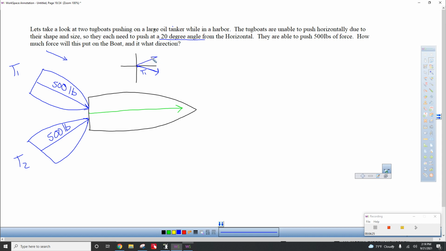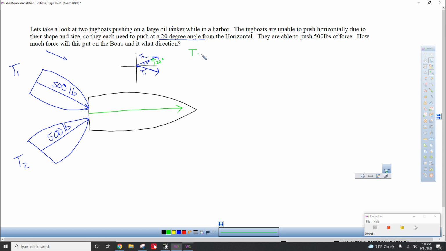So that one is 20 degrees above the horizontal. Now, it doesn't exactly matter which one you call T1 or T2 because they both are symmetric. But what we have to do is come up with what we call direction angles. So the direction angle for T2, that's in the first quadrant, is just going to be 20 degrees.